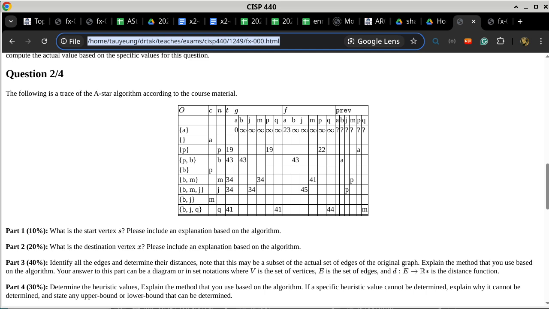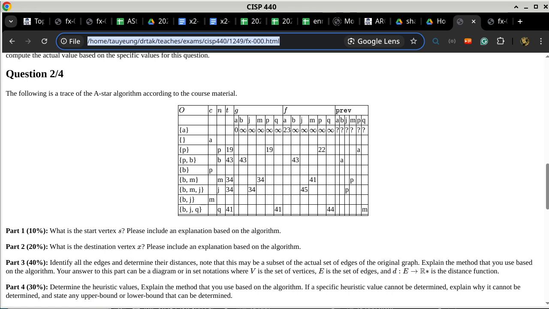That's also how we can tell that A is the start vertex. And we can see how the t value is 19. So 19 is the distance of the edge AP. All of these are deduced from the algorithm itself.